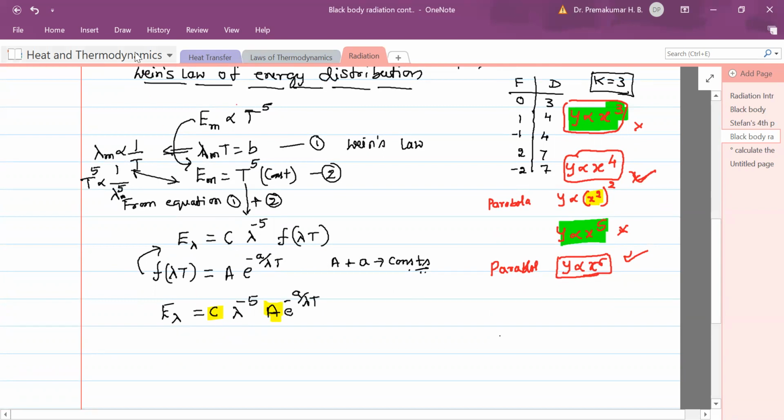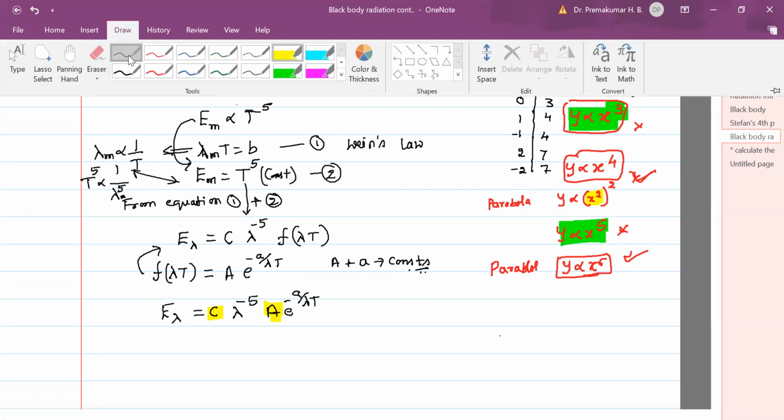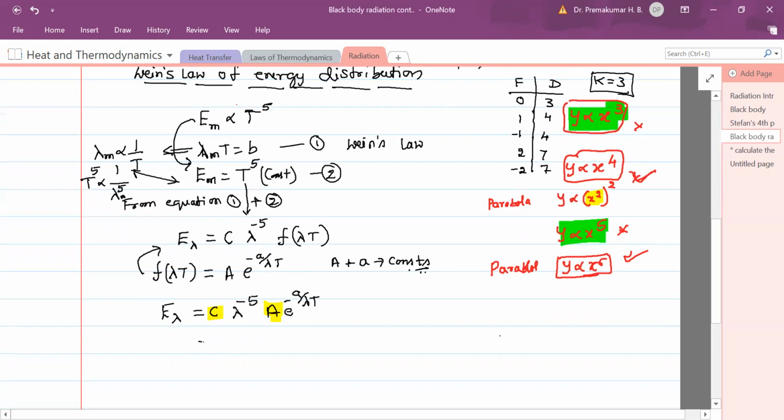If you multiply these two, I get another constant that I can replace with k. At the final, I'll change it to something else; let it be like this now. So now these two put together give k, and lambda to the power of minus 5 as it is, and then e to the power of a over lambda t.